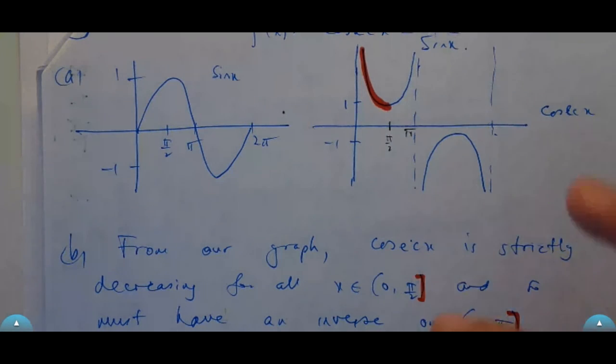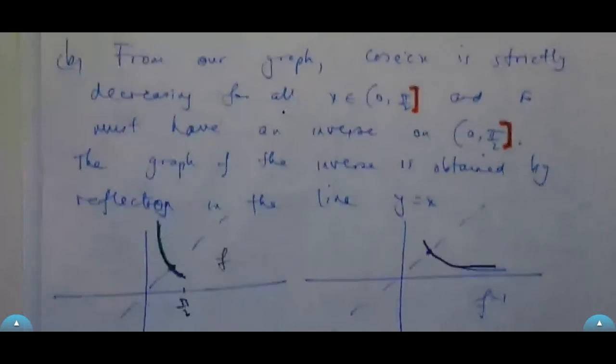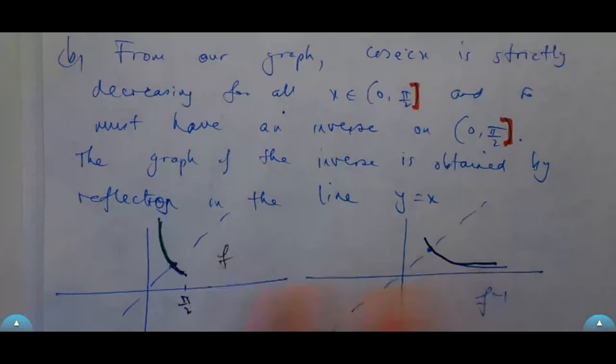Then I said, let's look at that and reflect it in the line y equals x. These are my sort of rough graphs. So that's probably the argument they're looking for. All right, folks. Lisa, is that okay? Is that what you had, or did you get anything similar, or you didn't know where to start?